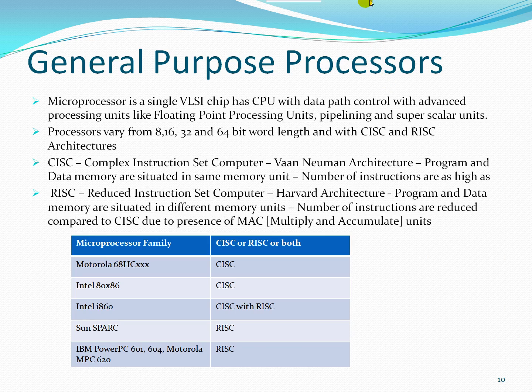Now we will see the general purpose processors which we are using. The general purpose processors are simple VLSI chips with a CPU with data path control and advanced processing units like floating point processing units, pipelining, and superscalar units. In recent processors, we also have atomic units. The microprocessors vary from 8, 16, 32 and 64-bit word length, with CISC and RISC architecture.